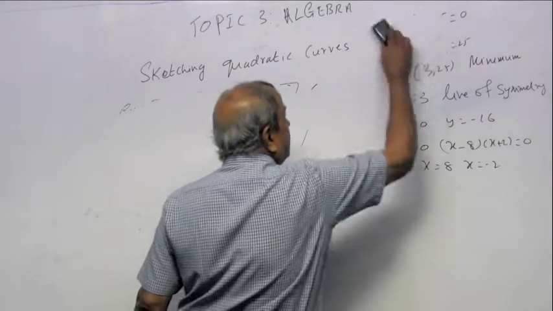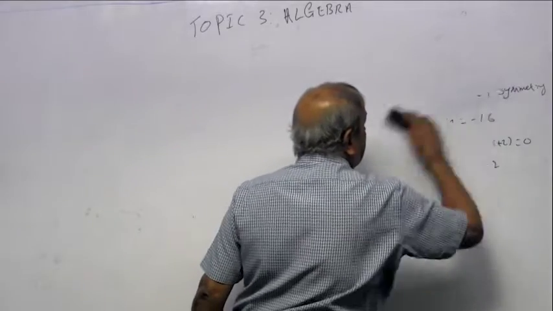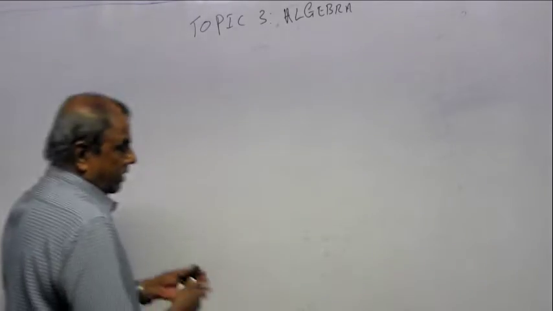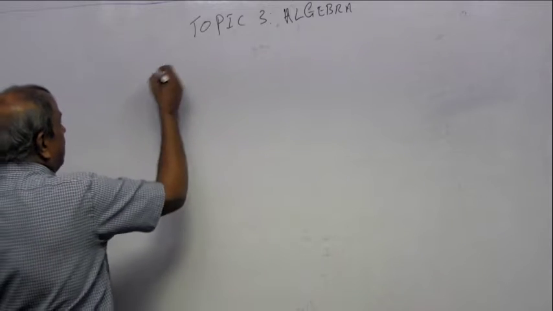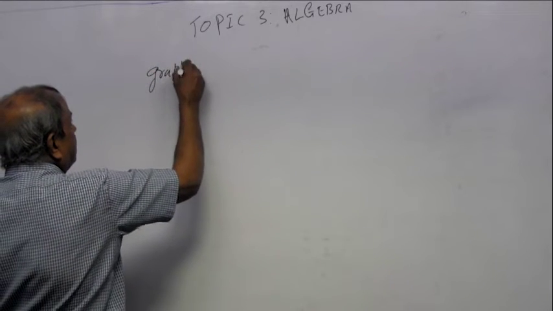Suppose you were asked to, so that was about quadratics. But what if you're asked to sketch a cubic curve or a 4-degree curve? So in other words, graphs of polynomials.